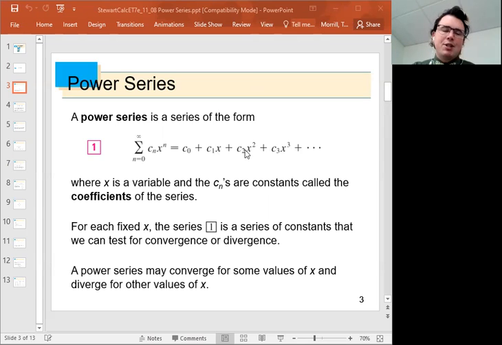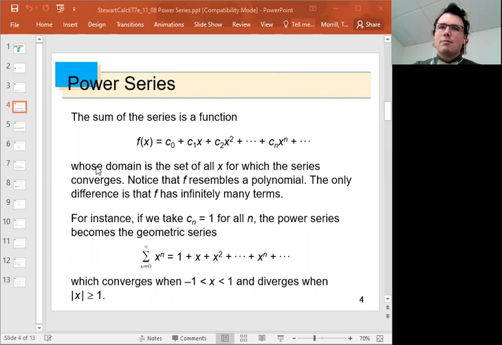We should be able to get some real number as the value of this infinite sum. Now, whatever that number is will change depending on what value of x we try to evaluate the series with.